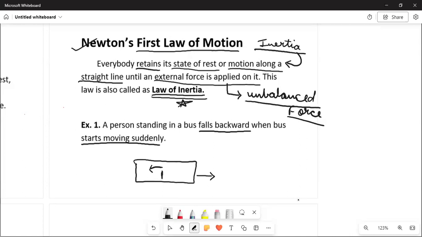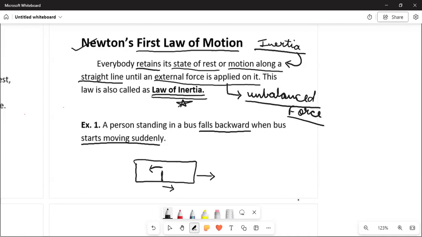Why does it happen? Your feet are on the platform of the bus, your feet tend to move in the forward direction, that is in the direction of the motion of the bus, but your upper body is not in contact with the platform of the bus or any part of the bus, so it tends to remain in the state of rest while your feet tend to move forward.